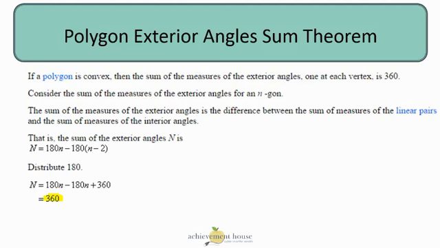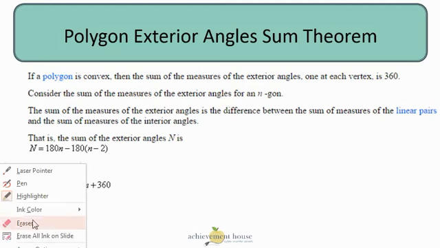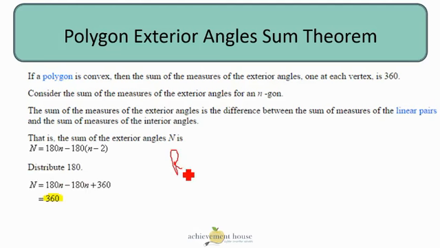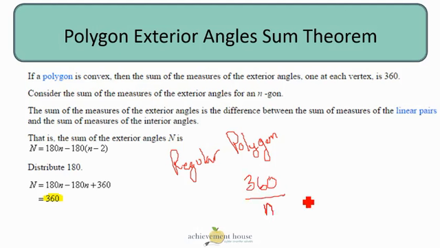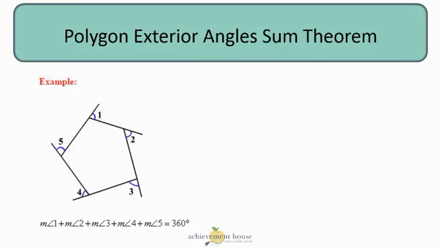If you want to know a specific exterior angle of a regular polygon, where all the angles are congruent, I do 360 divided by the number of angles or sides, because they are equivalent. And here's an example showing that all the exterior angles are congruent and they add up to 360 degrees.